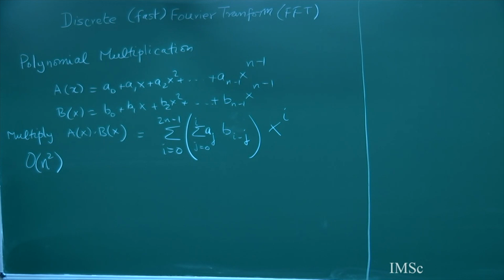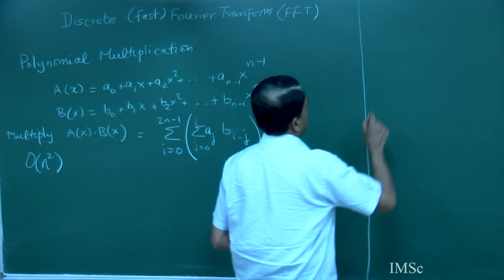Okay, so the way we will get a faster algorithm is by moving to a different representation of the polynomial or the polynomials. And what is this representation? It's the point value representation.